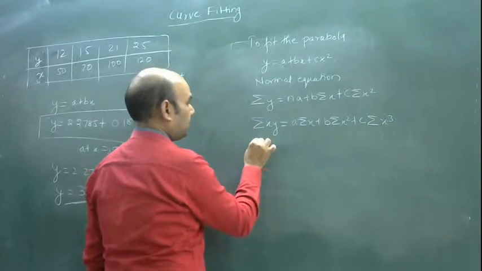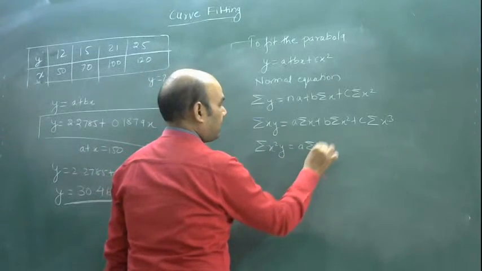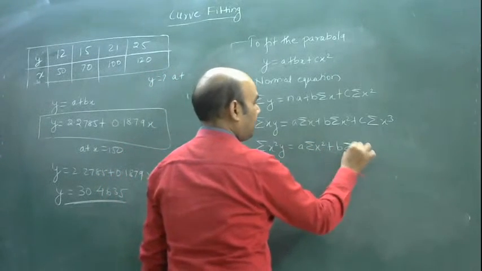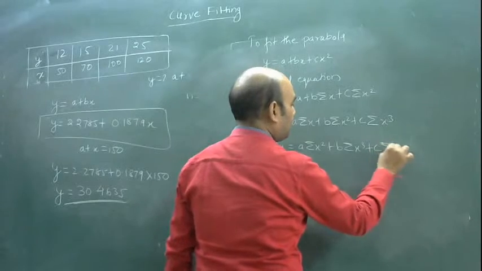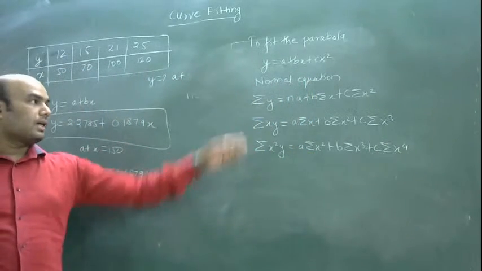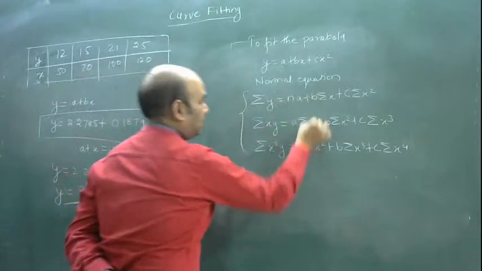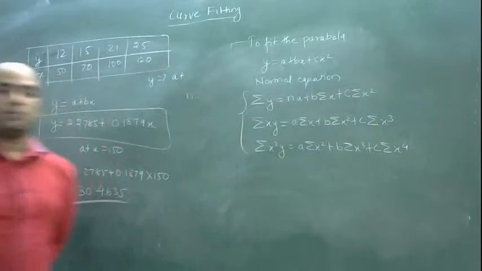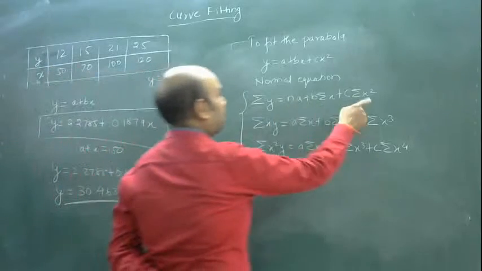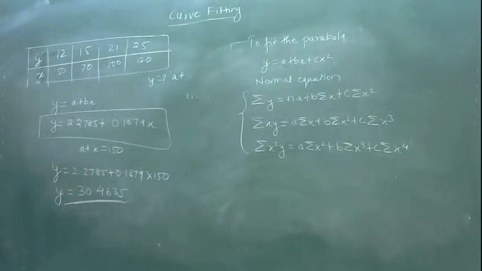Then third, summation x square y is equal to a summation x square plus b summation x cube plus c summation x to the power 4. So these are the 3 normal equations, 3 equations and 3 unknowns. Solve this, find the values of a, b and c and substitute here, so you can fit the equation of the parabola.